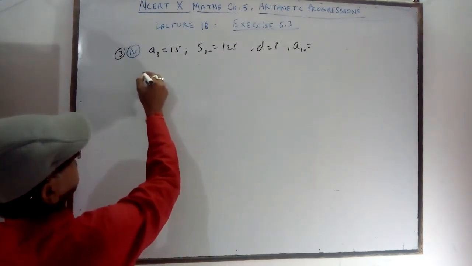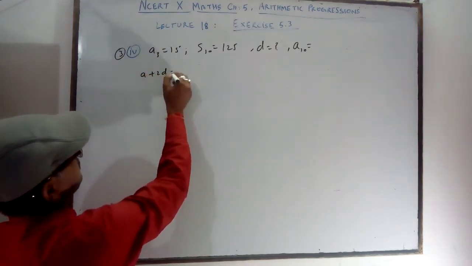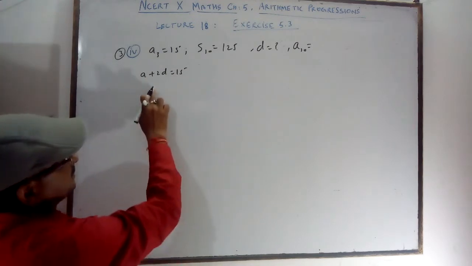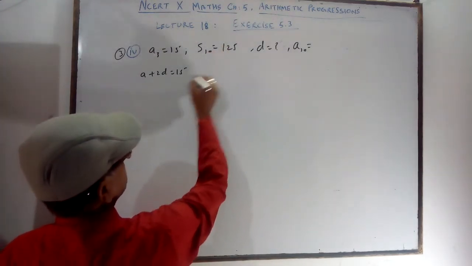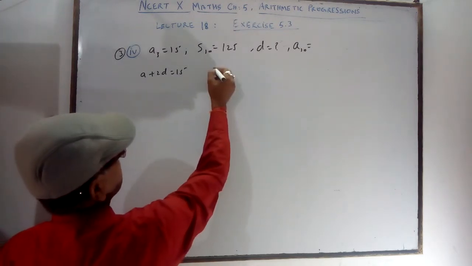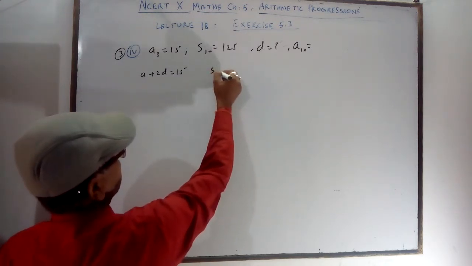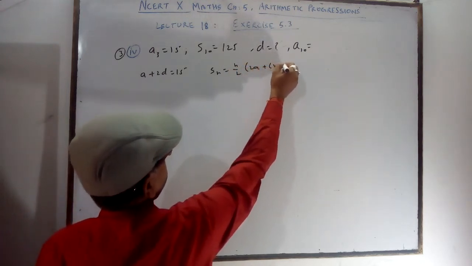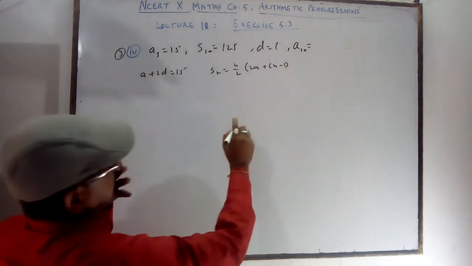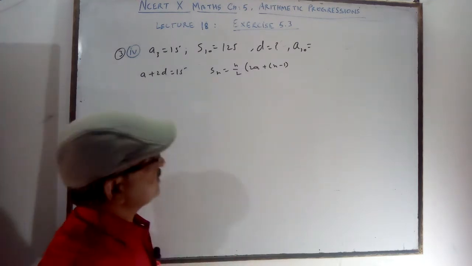First, A3 is given, means a plus 2d is equal to 15. There is no value given for a. Now S10 means, what is the S10? S10 means the Sn formula, n by 2 into 2a plus n minus 1 into d. So d is not there.